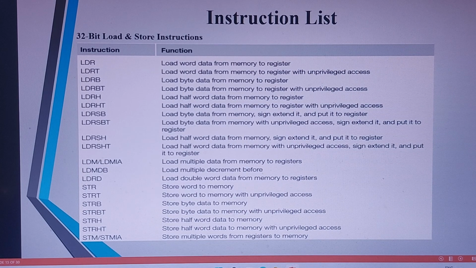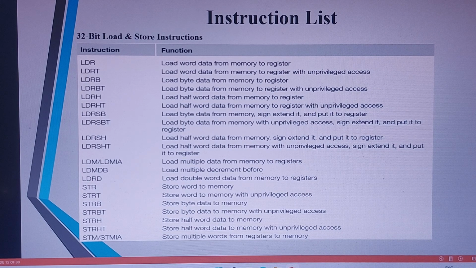Then we have LDRSB, that is load byte data from memory, sign extend it and put it to the register. In the same instruction, we are performing the sign extension as well as the loading operation. In the next instruction, LDRSBT, load byte data from memory with unprivileged access, sign extend and put it to the register.